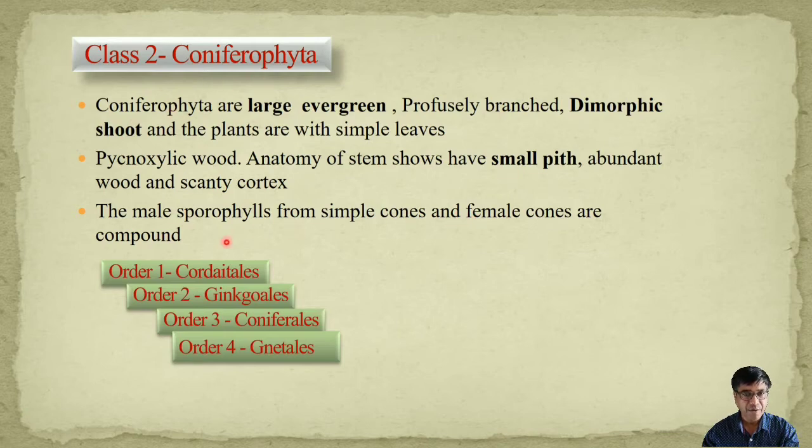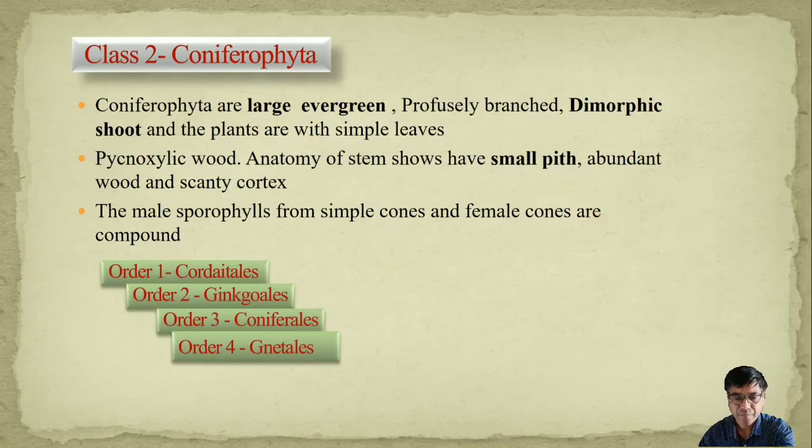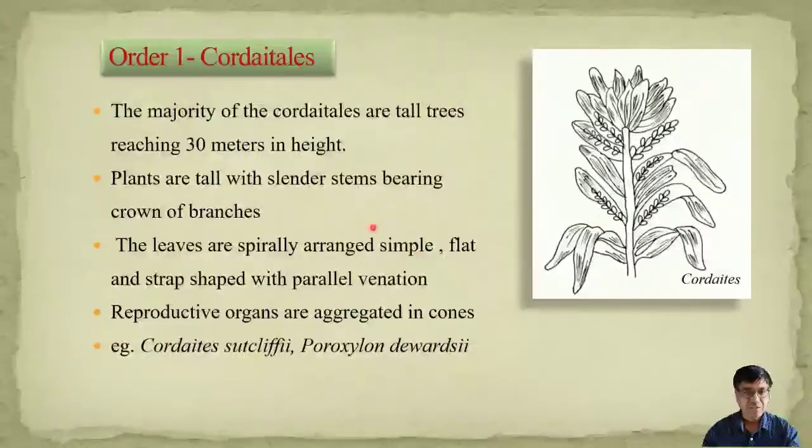Coniferophyta is further divided into four orders: first Cordaitales, second Ginkgoales, third Coniferales and fourth Gnetales. First order, Cordaitales. The majority of the Cordaitales are tall trees reaching 30 meters in height with a slender stem bearing a crown of branches.